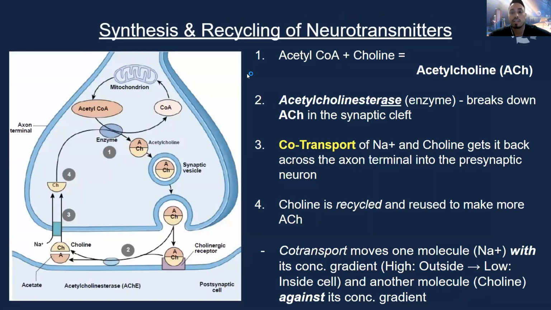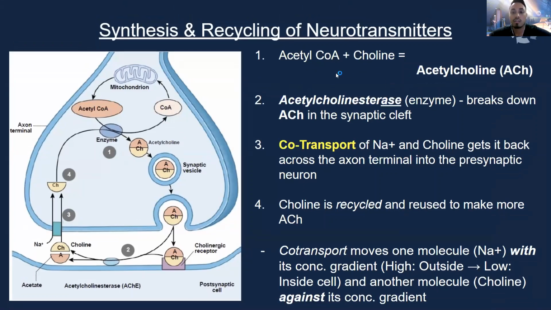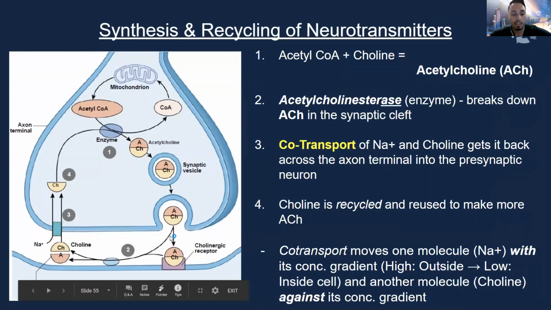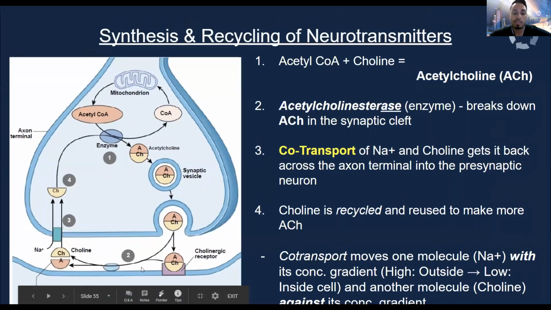And here we have the recycling of these and how we make them essentially. So in our bodies, we use acetylcholine a lot for a lot of different things. And acetylcholine is made up of acetyl-CoA and choline. And there's an enzyme that likes to hang out in the synapse. When this acetylcholine is in these vesicles and eventually released, it makes its way down and binds to these receptors in the postsynaptic neuron.